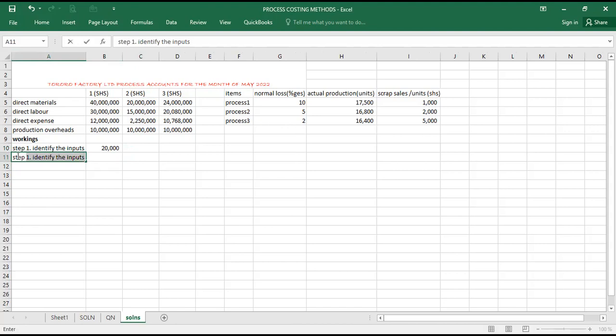Step 2, we have to get our normal loss. This time we are getting it in units.